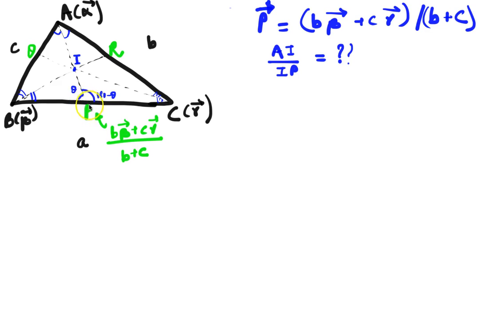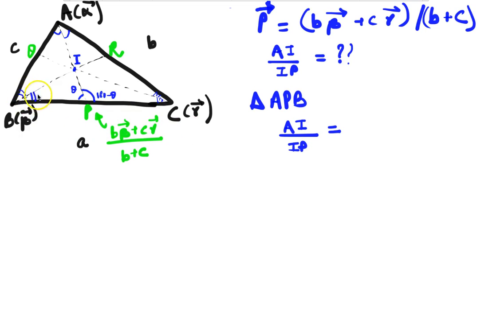So let's take triangle ABP. What can we say of the ratio AI by IP?